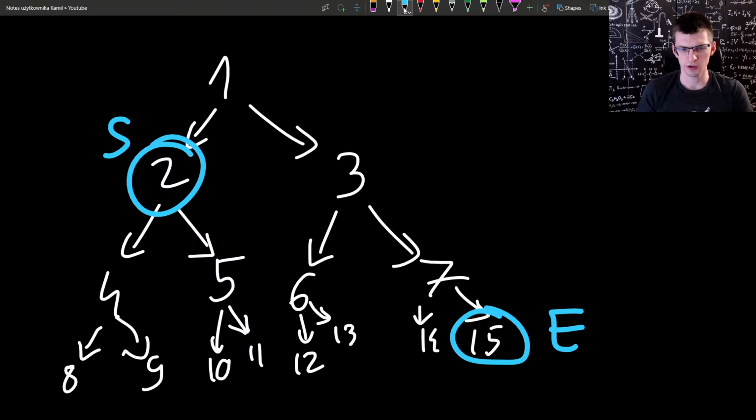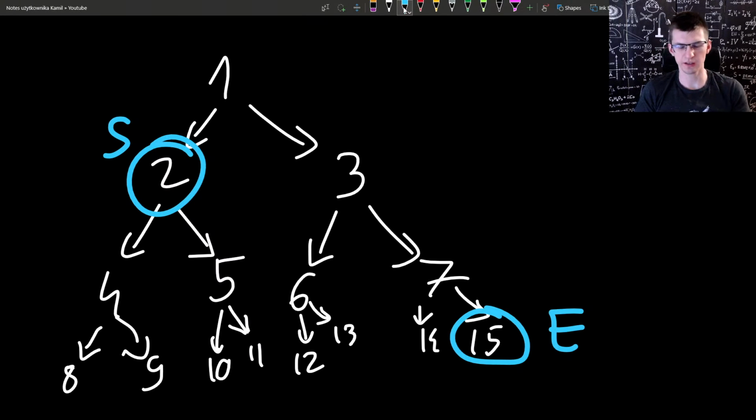Like, let's say from 8 to 12, from 9 to 13, basically to a corresponding leaf in the other subtree. Doesn't help if I go there.